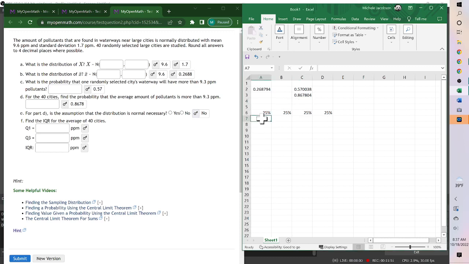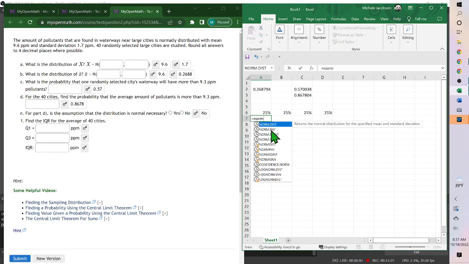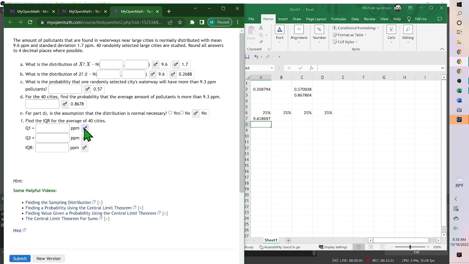So we use equals norm, and we're using the inverse because we're finding the value. Percent below, 0.25, comma, the mean, 9.6, comma, and then this was the sample that said 40 cities. So we use 0.2688. And there's our value.